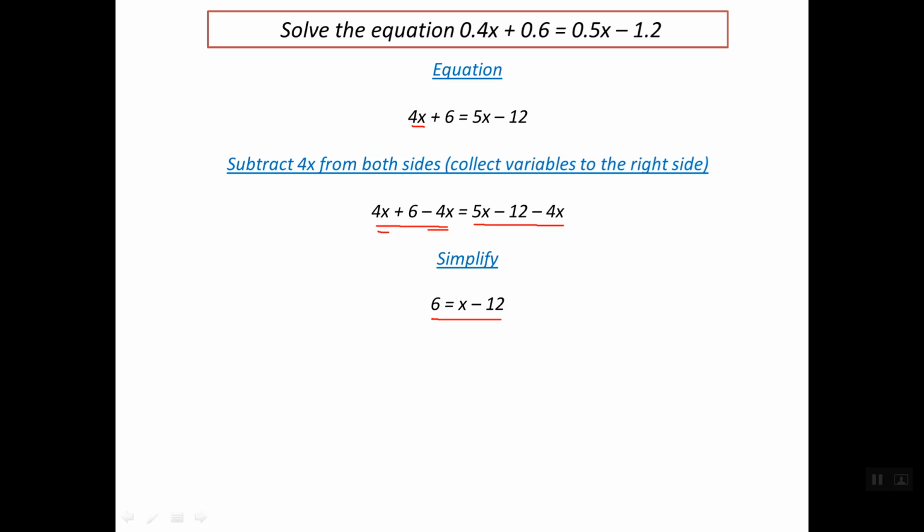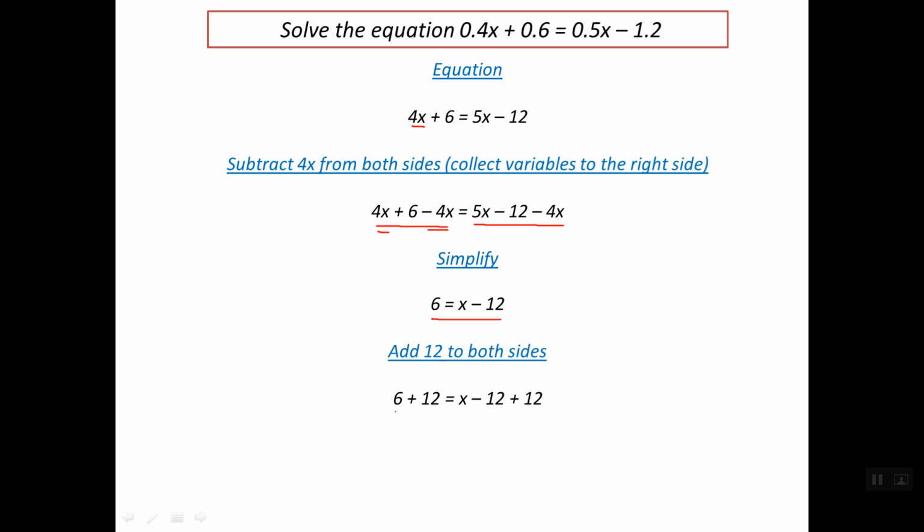As you see here, the variable x is on the right side of the equation, and the constant, which is 6, is on the left side of the equation. Now we need to keep the variable alone, so we need to cancel the minus 12 from the right side of the equation, so we can simply add plus 12 to both sides.